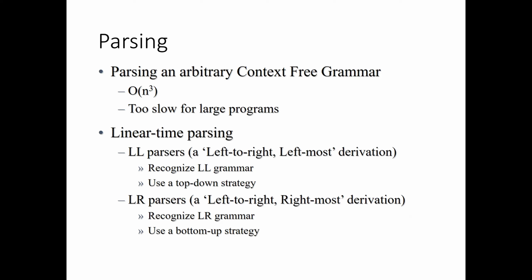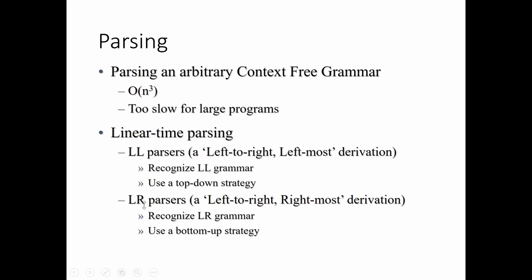For linear time parsing, there are two things: the LL parser and the LR parser. The LL parser is left to right, leftmost derivation, and the grammar is called LL grammar. It uses a top-down strategy. The LR parser is left to right, rightmost derivation. There is a small difference: the second letter L represents leftmost, and the second letter R represents rightmost derivation.